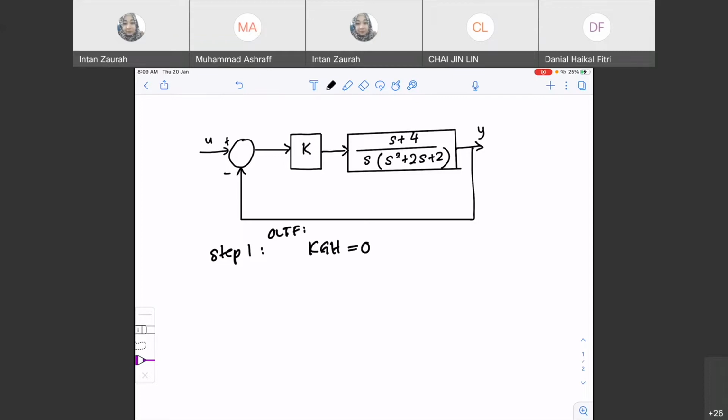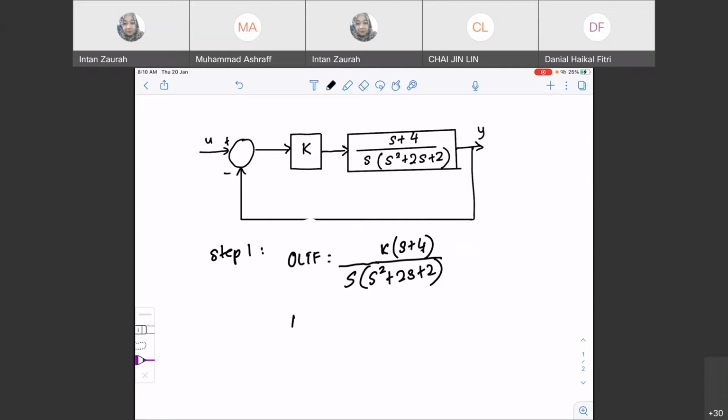So that is actually K multiplied by S plus 4 over S times S squared plus 2S plus 2. Okay, so that is your KGH.